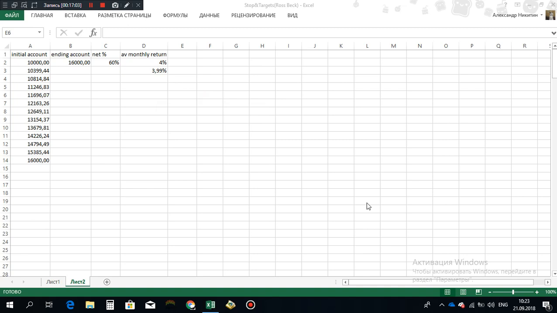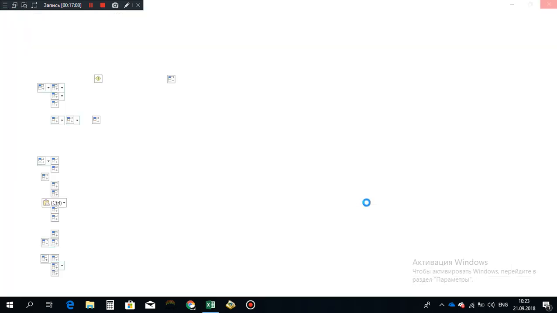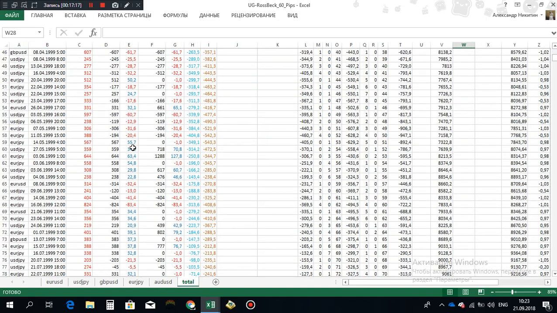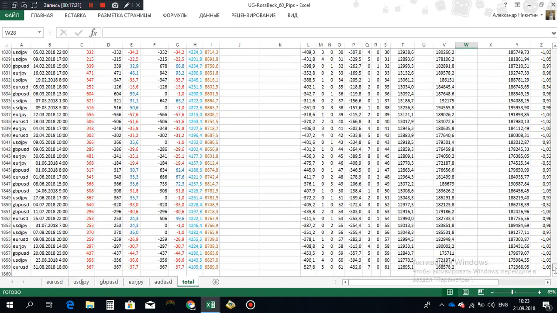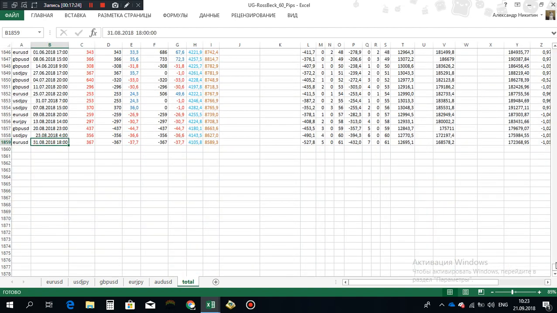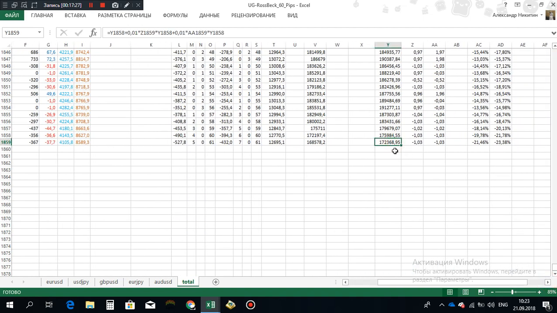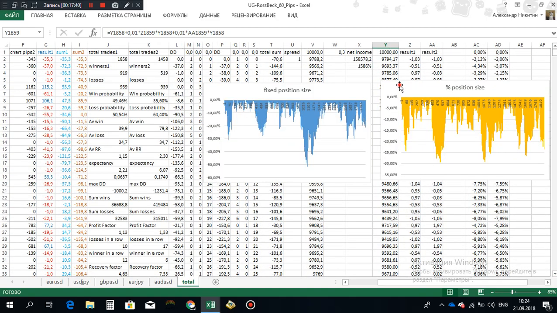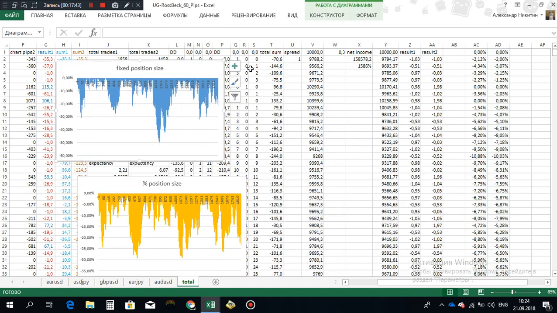Over the period of 19 years, from 1999 to 2018, using the 1% on every trade money management technique, we generated 172K, starting from 1000. And yesterday I was explaining that to you.